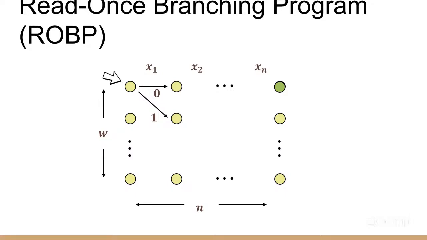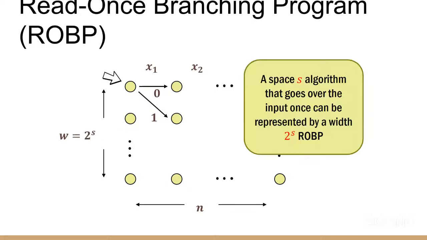To connect it with the computational models that we all know, like the Turing machine, a space S algorithm that goes over the input only once can be represented by a width 2 to the S read-once branching program. This is how you connect memory to the width of the branching program.